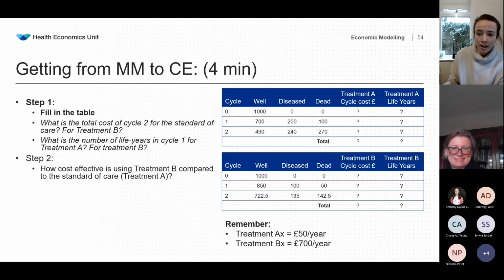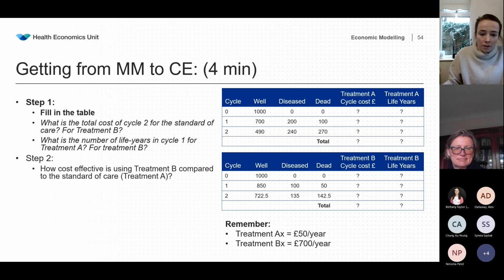Okay. So then how do we get from that to cost effectiveness? Because remember, the reason that we're calculating this is because we wanted to know whether it's cost effective to recommend the new treatment that's become available, because it's significantly more expensive than the current standard of care.